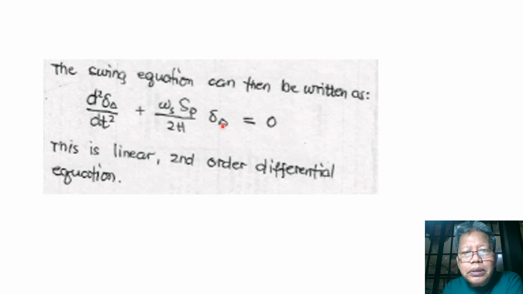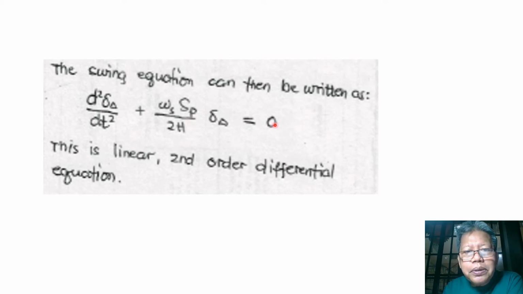Notice that if we consider delta delta as our variable, and we have here the second derivative of delta delta, we have a linear, second order, first degree differential equation. So this is our swing equation in terms of the synchronizing power, P max times cosine of delta O.